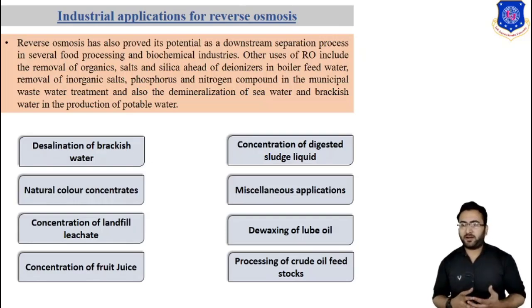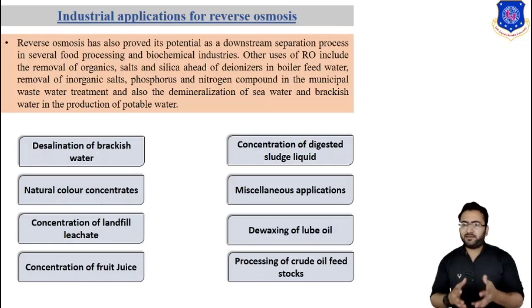Other uses of RO include the removal of organic salt and silica for deionization in boiler feed water, removal of inorganic salt, phosphorus and nitrogen compounds in municipal wastewater treatment, and also demineralization of seawater and brackish water in production of potable water.